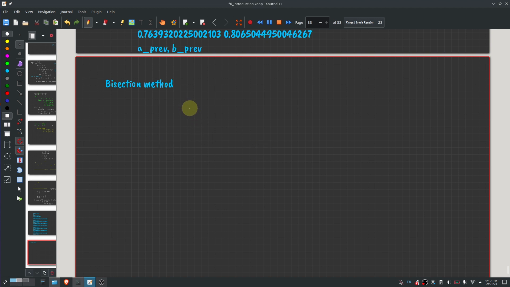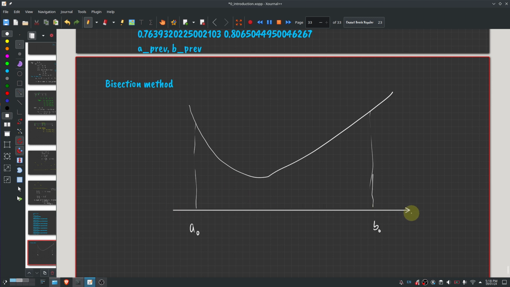So again, let's take a picture. Suppose I have this particular function and I start with my initial search space from A0 to B0. Now let us suppose I can not just evaluate the function but also the derivative.